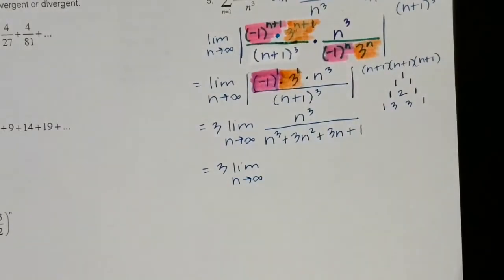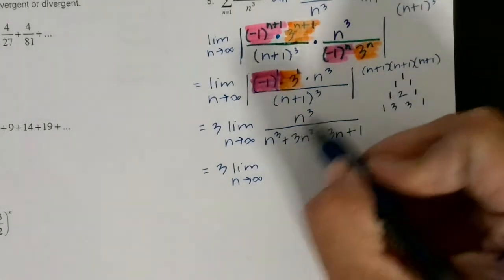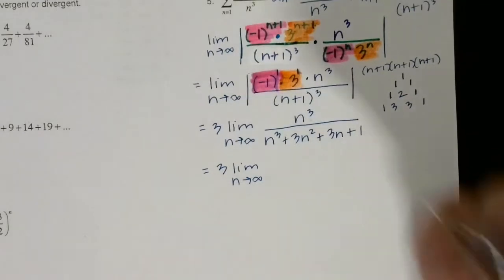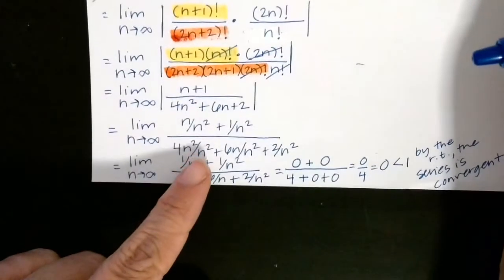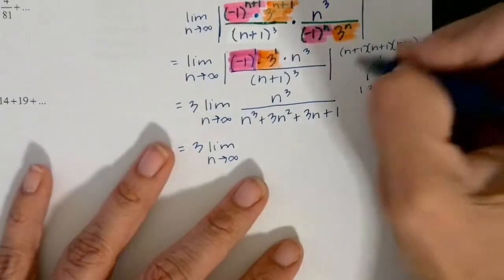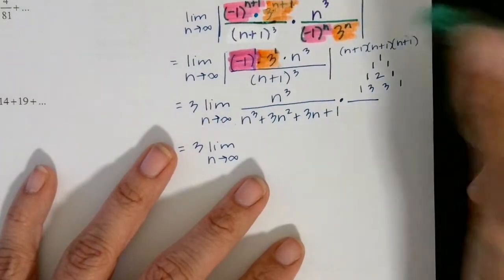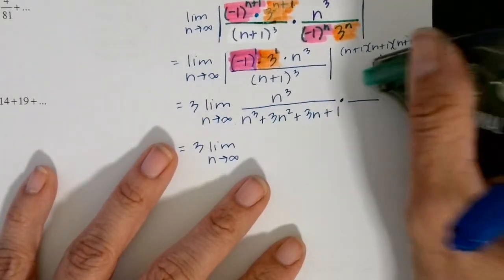Alright, so next I'm going to take the limit as n goes to infinity. So here's a little trick that I was talking about in the notes, like real briefly. Rather than dividing, I see the highest power of n as n cubed, and rather than dividing every single term by that highest power in this step right here, which kind of looks messy, if I want a shortcut, then you could totally do this if you do it properly. I'm going to wipe these guys out.